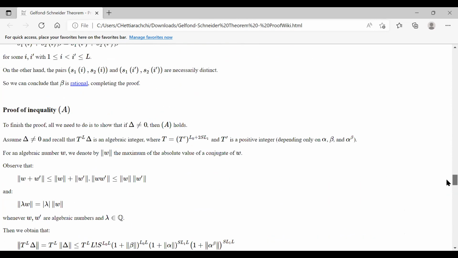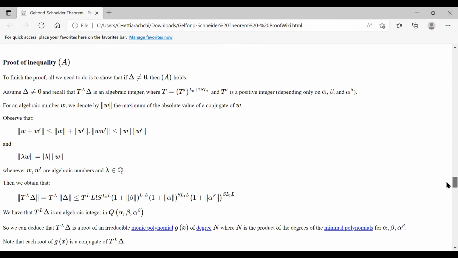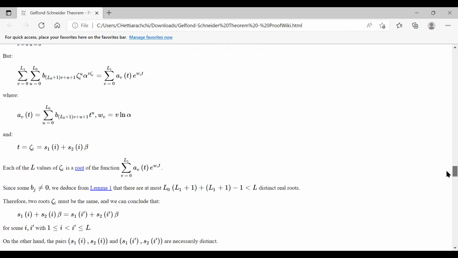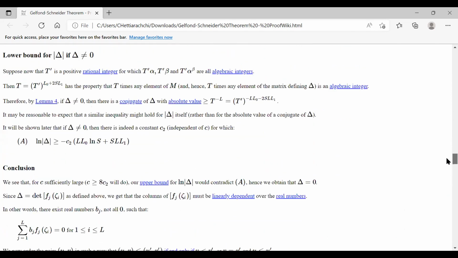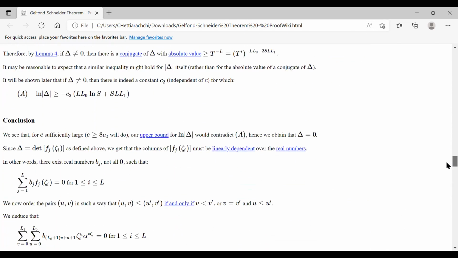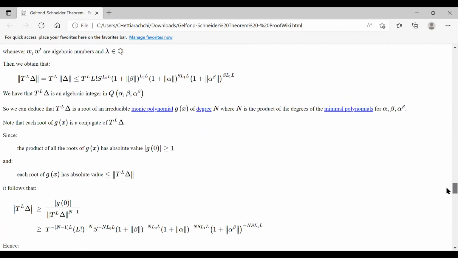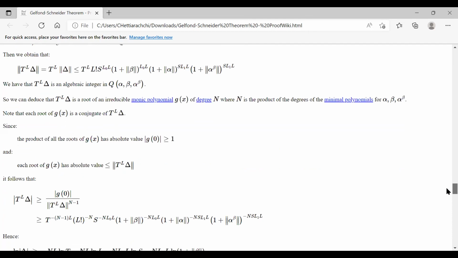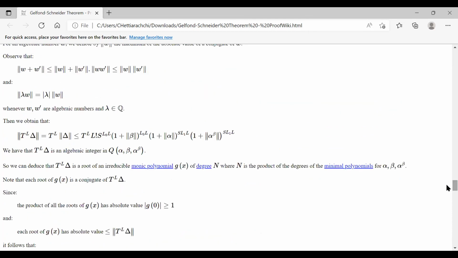So for delta, we apply this inequality. So we apply this, we get the inequality for delta, and we apply these two inequalities and the equality here repeatedly. We get this one by repeatedly applying them.